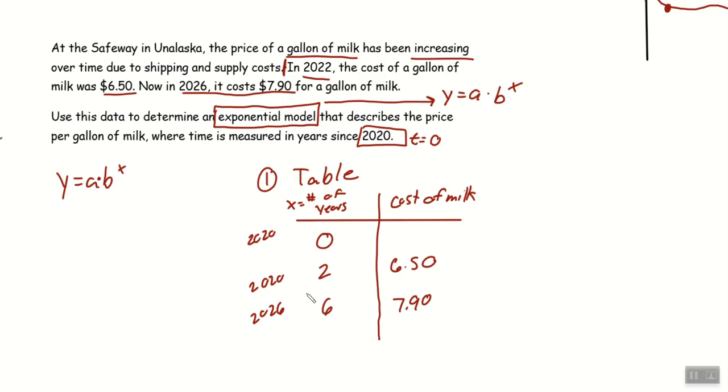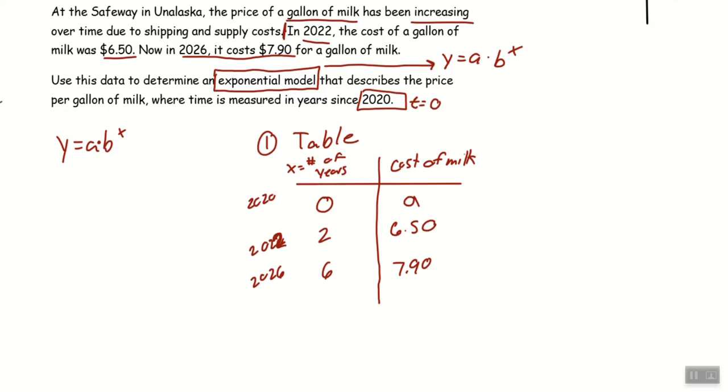You're right. Thank you. This is 2. This over here is our initial cost of milk. That should be our A in our equation. We need our A in our equation. So we gotta solve for this A. We gotta solve for this B. We're gonna start with solving for B.